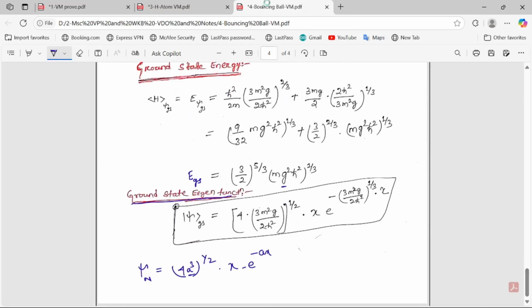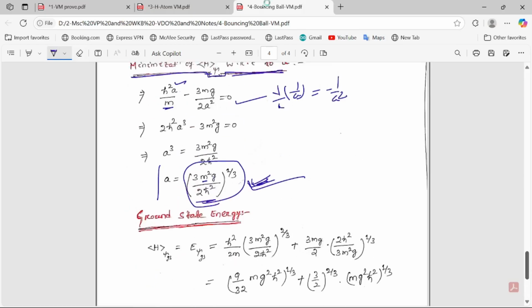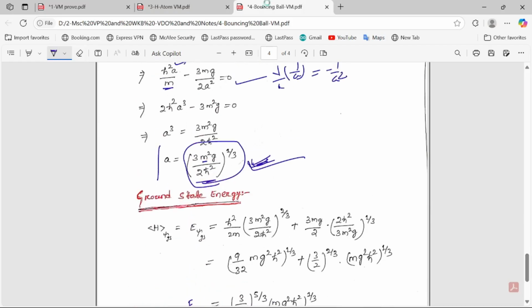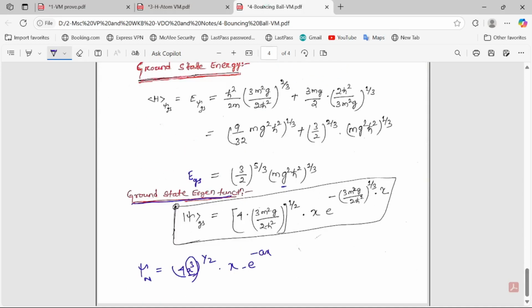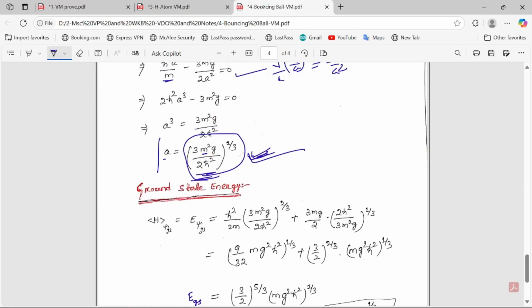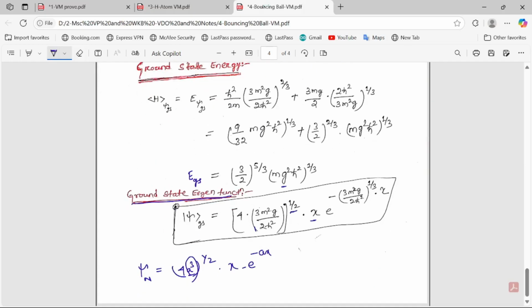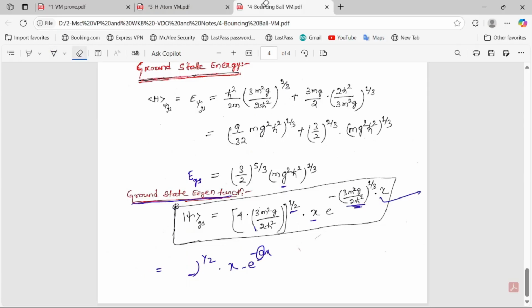Simply instead of a, you just substitute this value here. So we get (4a³)^(1/2), with a replaced by (3m²g by 2ħ²)^(1/3), x e to the power minus a x, with the value of a put in. So this is the ground state eigenfunction of this system.